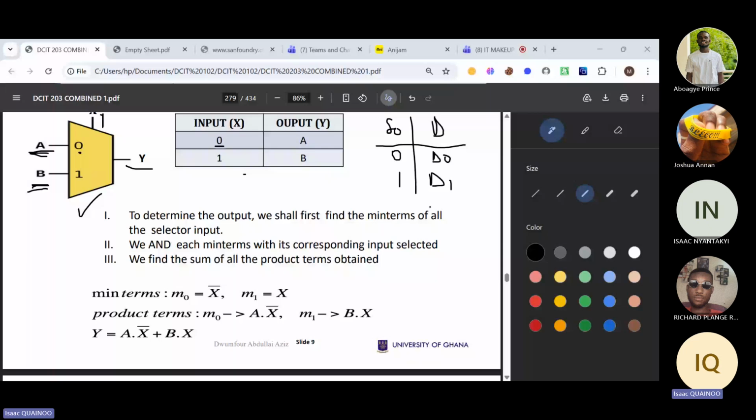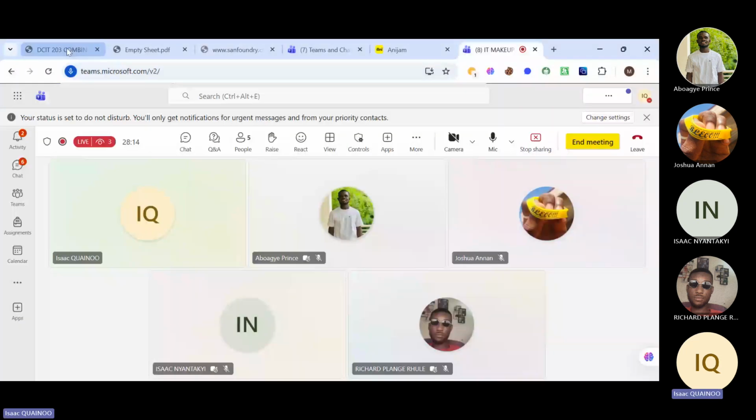Yeah, okay. So if your selector is 0, then data line 0 will be selected, and if your selector is 1, your data line 1 will be selected. That was what we said yesterday.